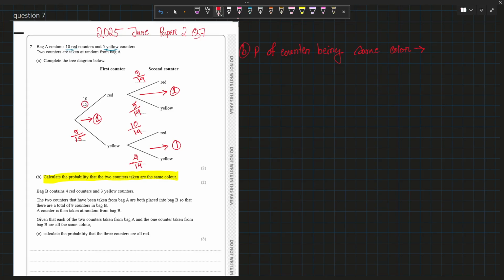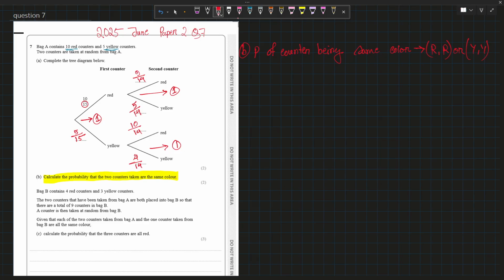For example, here I would be taking one red and one red. That would make them the same color, right? So it's going to be R and R, or yellow and yellow. So that would make them the same color, right?